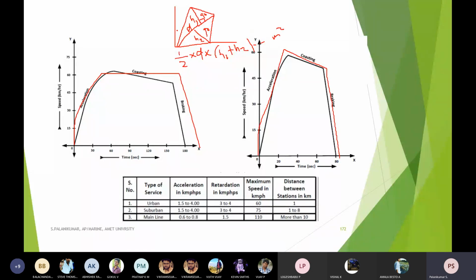So D, H1, H2 all have to be taken in meters, meaning meter square.